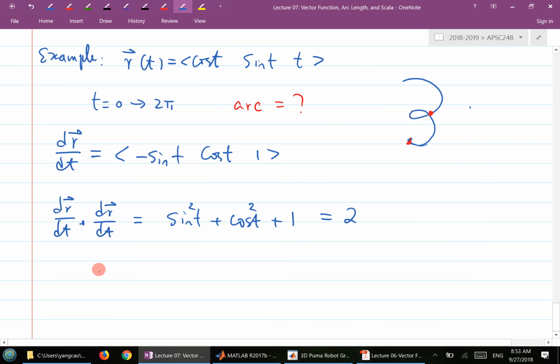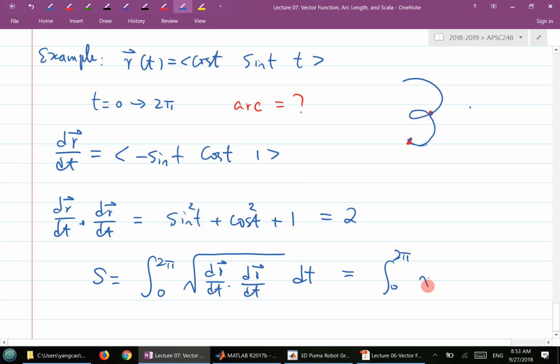So arc length S equals the integral from 0 to 2 pi of the square root of dr over dt dot dr over dt, dt, and that's the square root of 2 times dt, giving 2 pi times root 2. Okay, simple example, arc length.